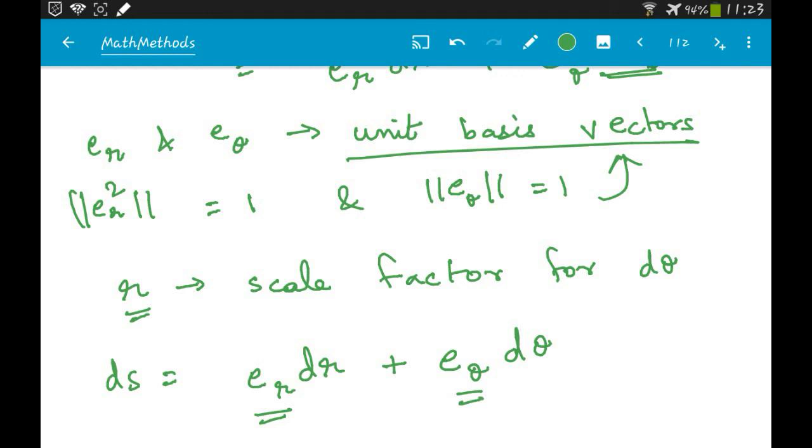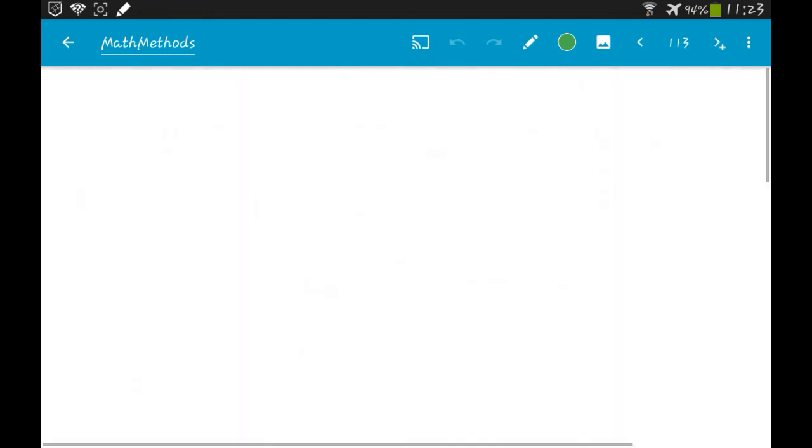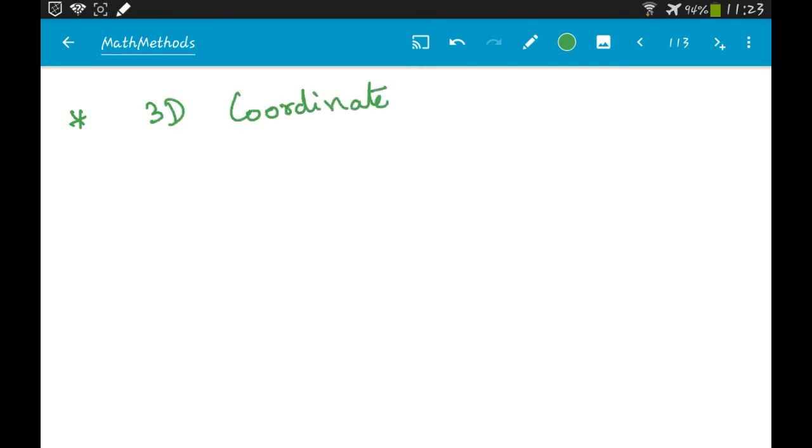Alright, so we have seen a simple example. Let's go to a three-dimensional coordinate system. Okay, so 3D coordinate system. Now for a 3D coordinate system, let's look at an example, which is the cylindrical coordinate system.